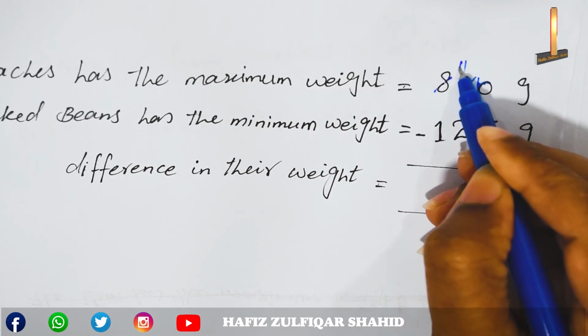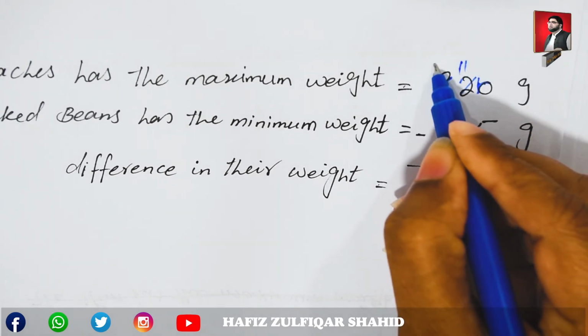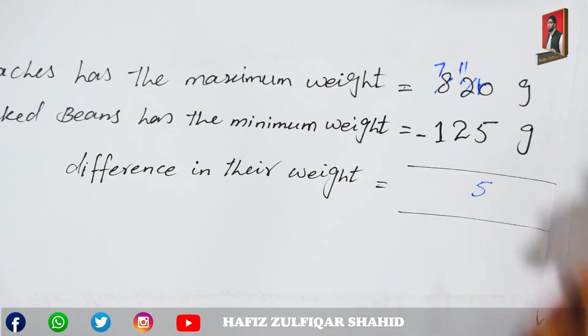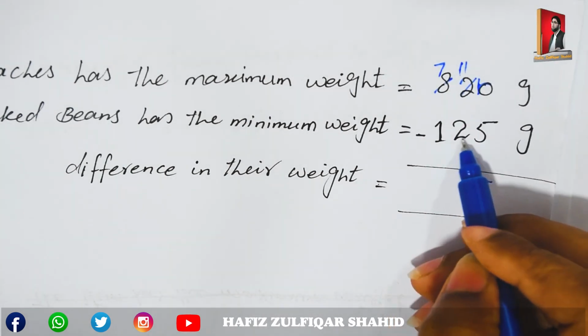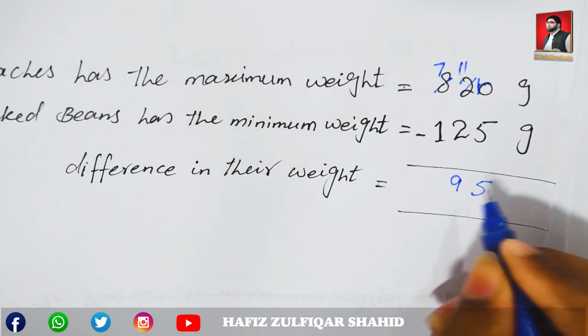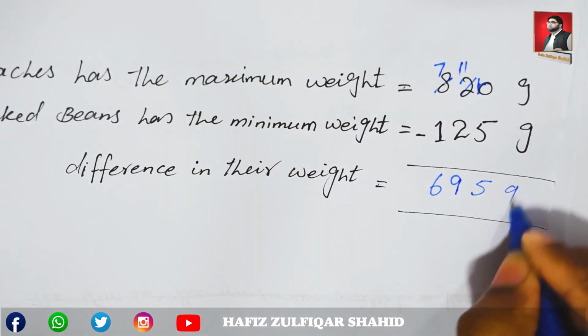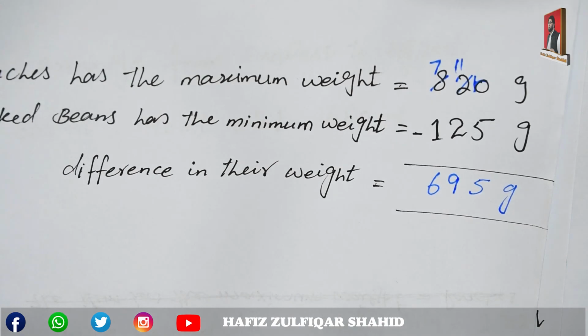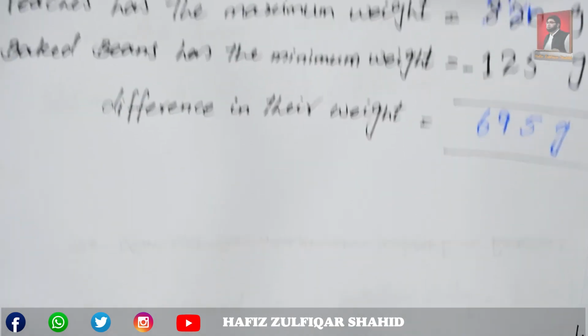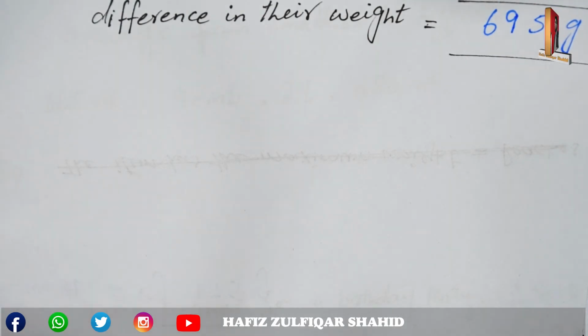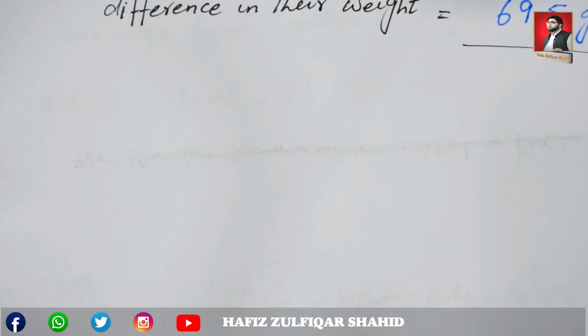Again increase value of 1, cut 8 to 7. Now subtract 2 from 11, answer will be 9. 1 from 7, answer is 6. The difference in their weight is 695 gram. Exercise 11 is finished.